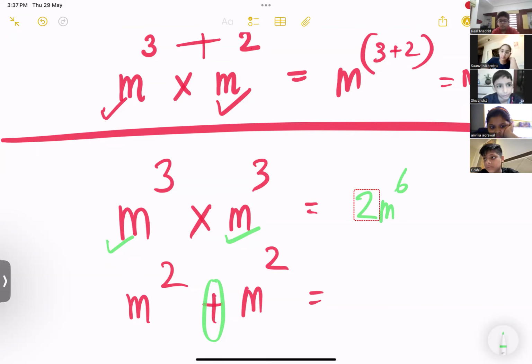Someone said 2m 9. The powers are not multiplied, below you multiply and the powers on top get added. Will it be 2m to the power of 2? Yes, this is correct.